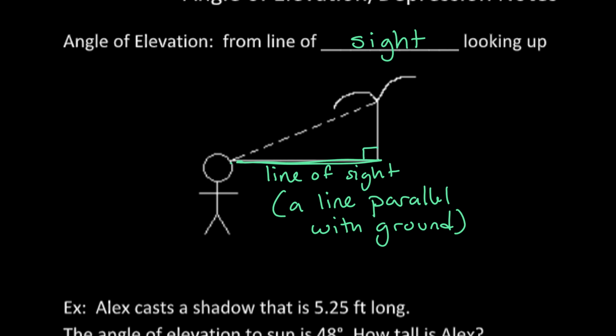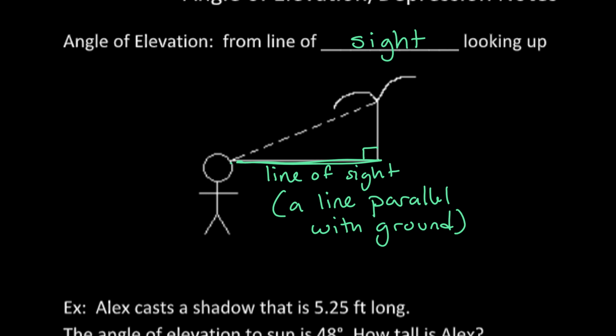Now, what angle starts at that line of sight and goes upward to reach its second line? Which angle starts at the line of sight and goes upward? What was the question again?